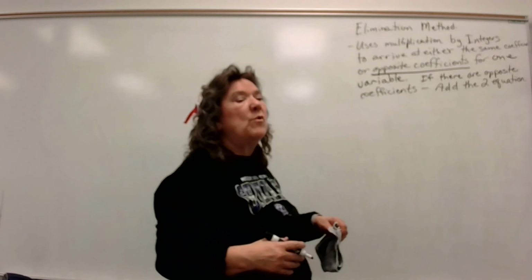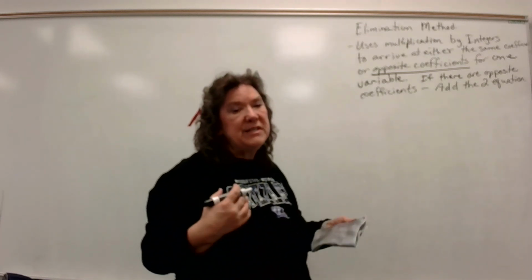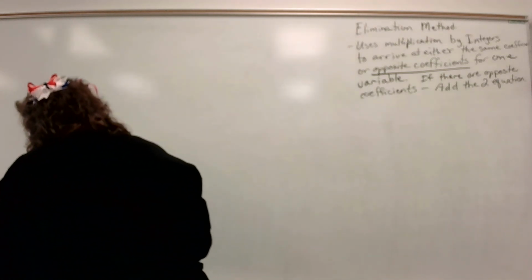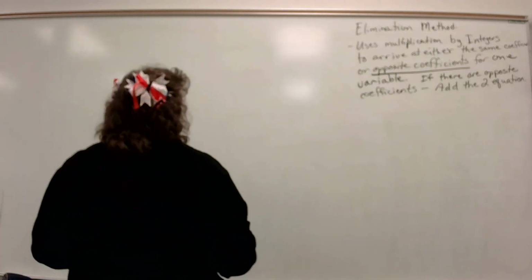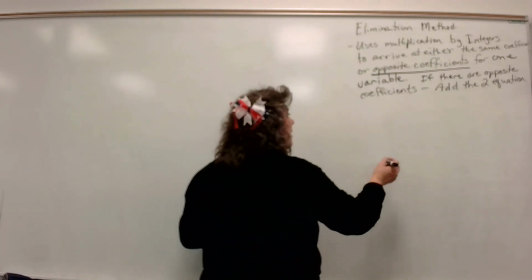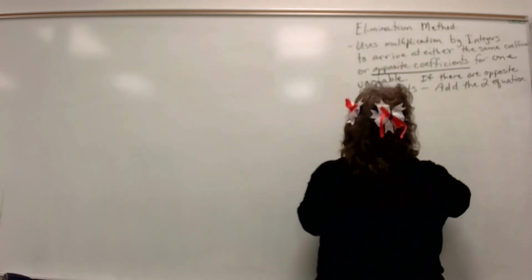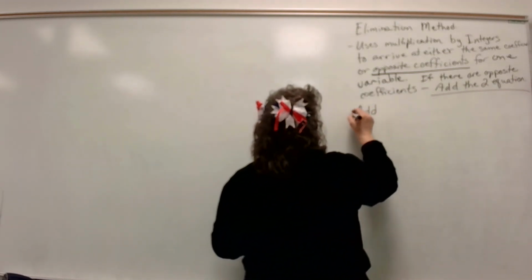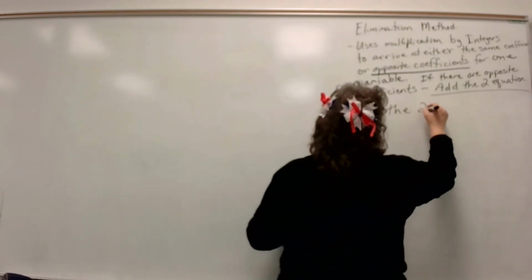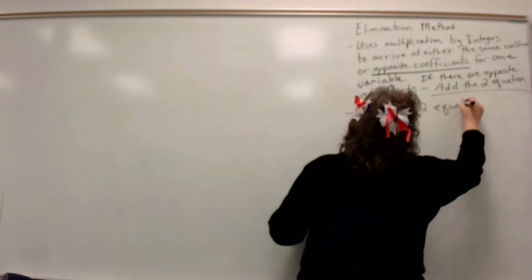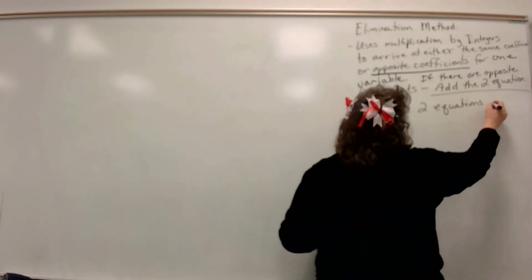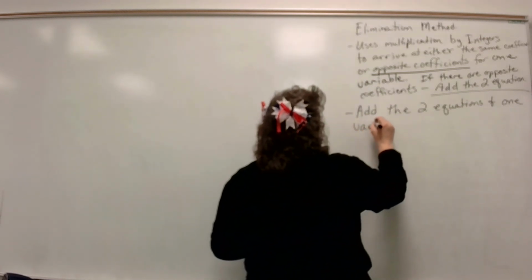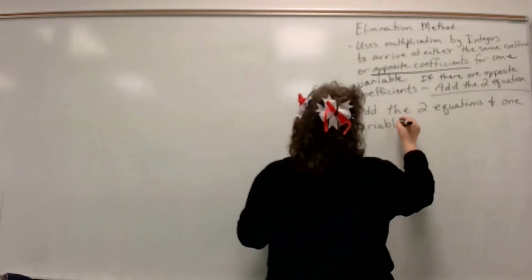And a lot of you make more mistakes in subtraction than you do in addition, which is why I prefer opposite coefficients. Okay? Once you have those opposite coefficients, you add the two equations. And one variable will be eliminated. Which is why this is called the process of elimination.